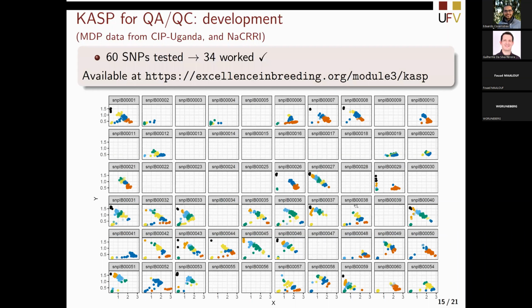Some of them worked better than others, but it turns out 34 worked at the end, and they are actually available on Excellence in Breeding website. So the list is there, and we hope to update them with the KASP markers for associated with traits soon.